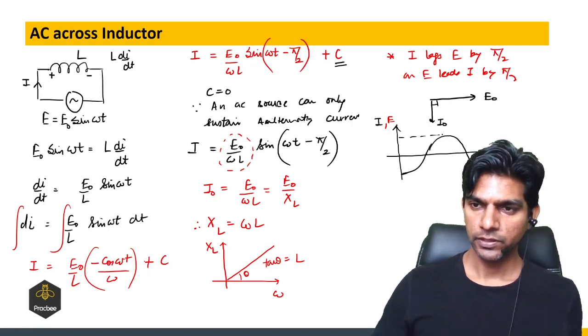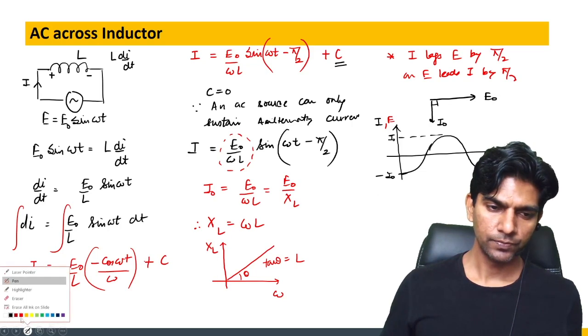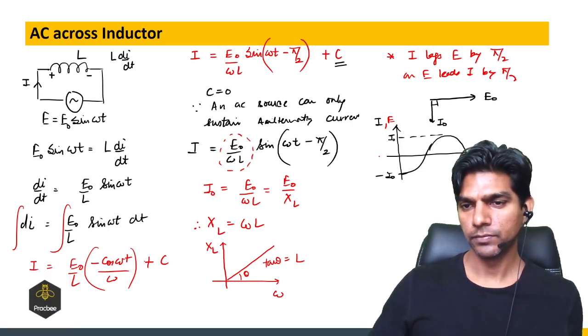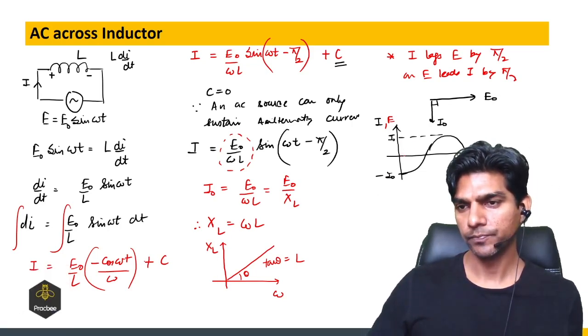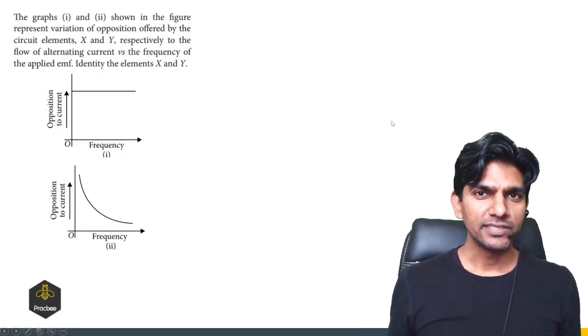And this value is I naught. This is minus I naught. Now let us show the sine voltage. So that will be this, right?